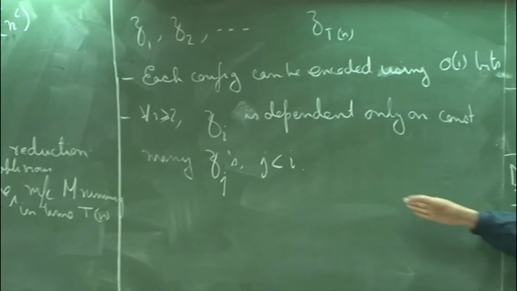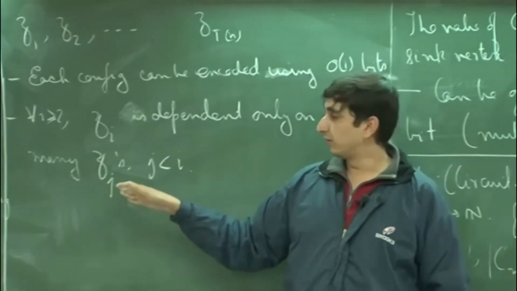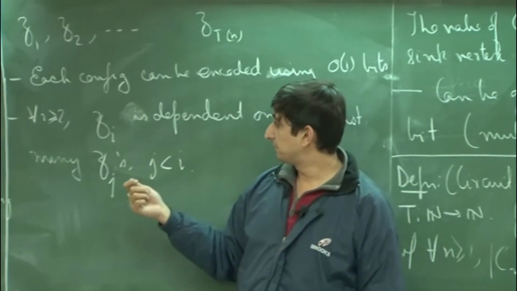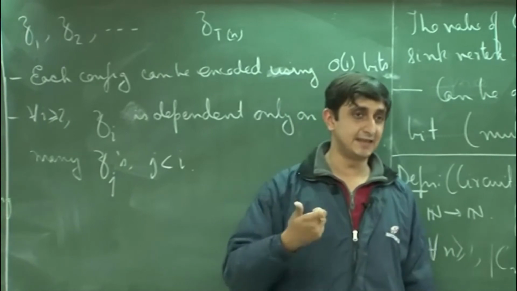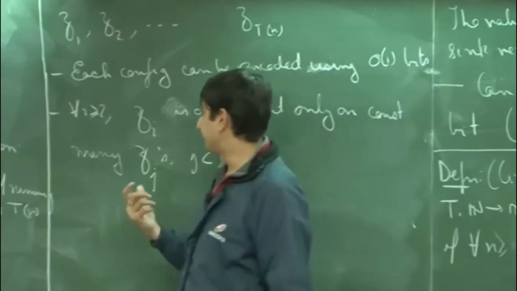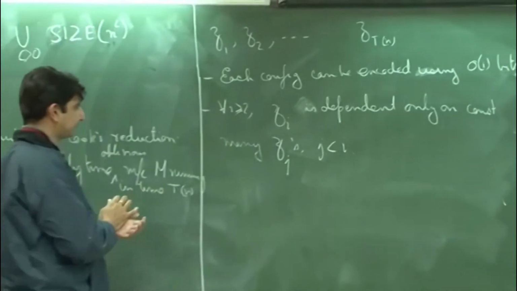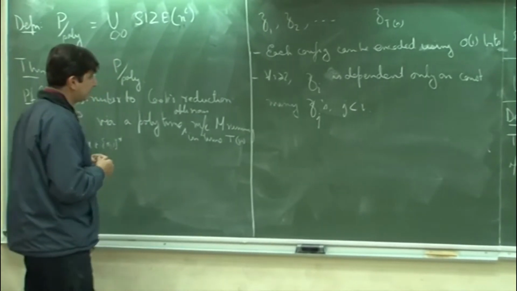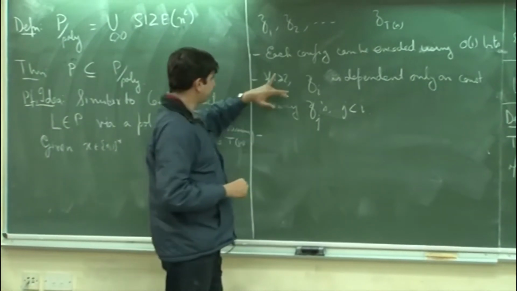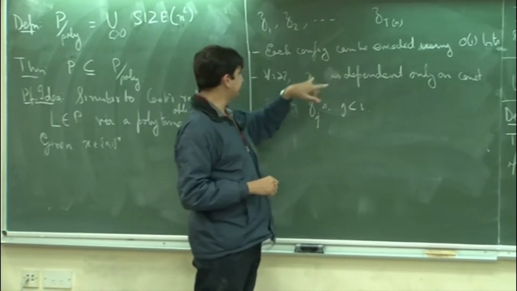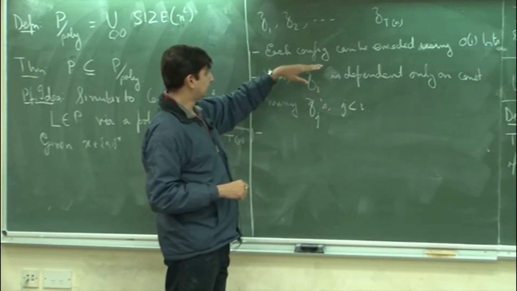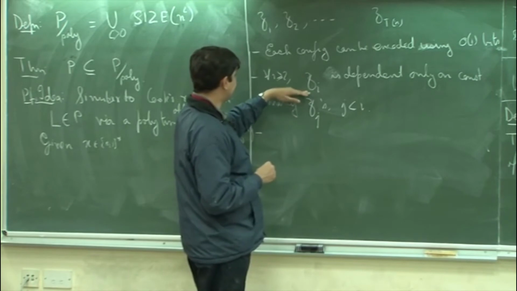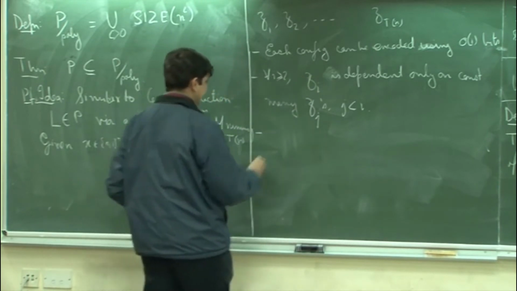In particular, of course, it will be dependent on the previous configuration, and also on that configuration where the input head was last scanning that same position. And if it has only one work tape, then that is the only thing, and of course, it will depend on the input head position also. So, each configuration has a constant size encoding, and each Zi is dependent only on constantly many Zj's.